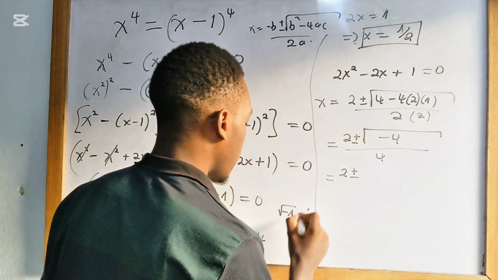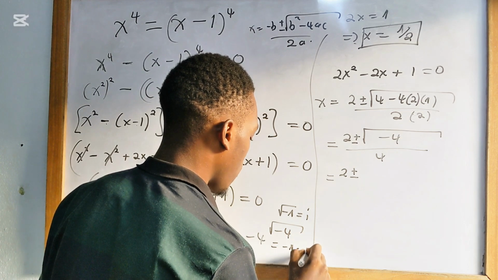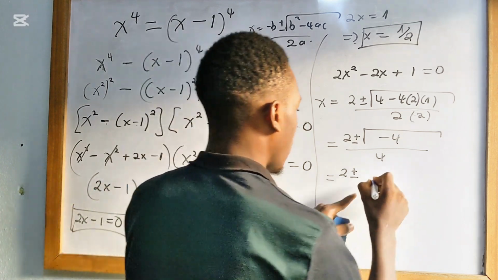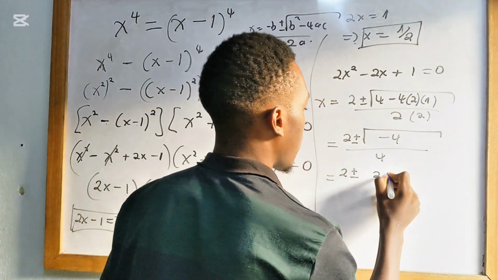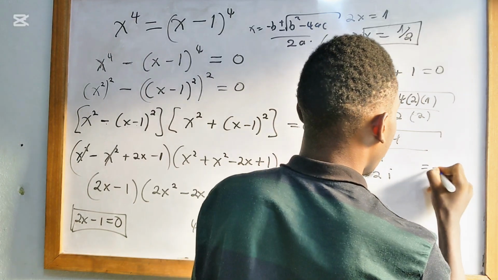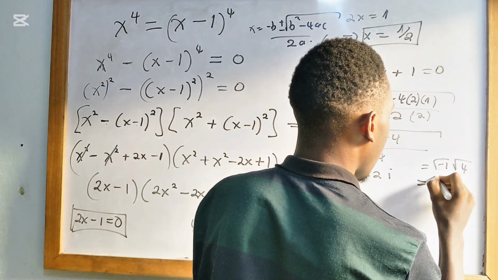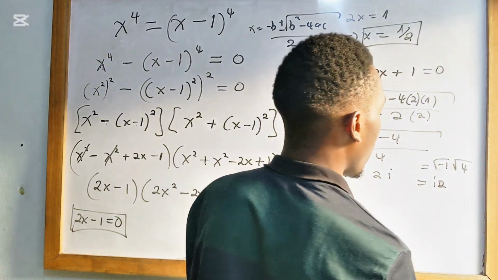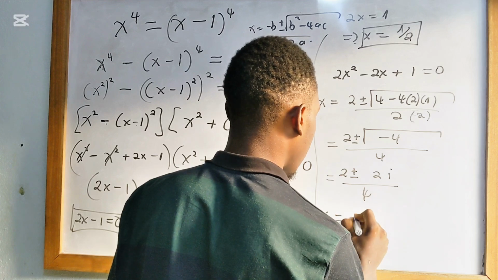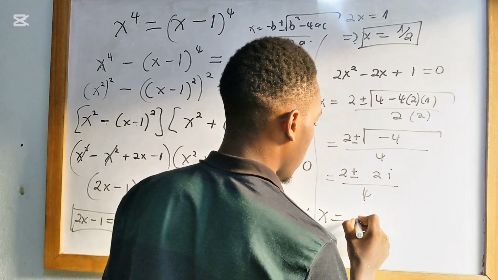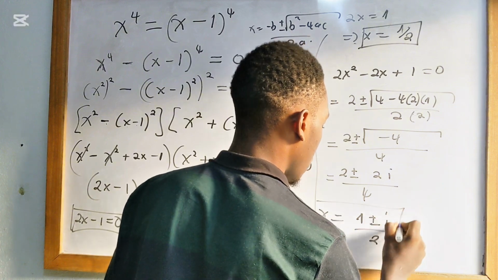Negative 4 is equal to negative 1 times 4, so the square root is root negative 1 times root 4, that is i times 2, so 2i all over 4. Hence x is equal to 1 plus or minus i all over 2.